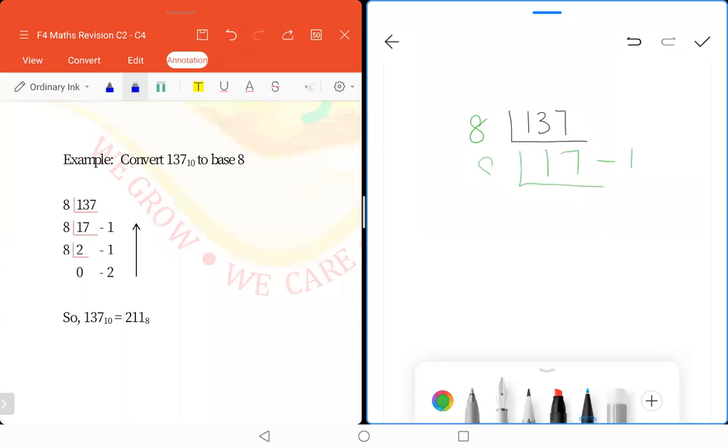Divided by 8 again, 2 times 8 is 16, remainder 1. Divided by 8, balance here 0, remainder 2. So the answer is 211 in base 8. Okay, take the answer from the bottom to top.